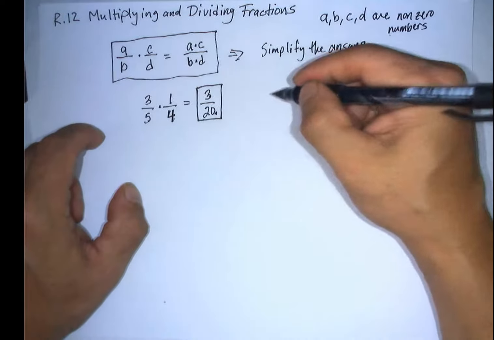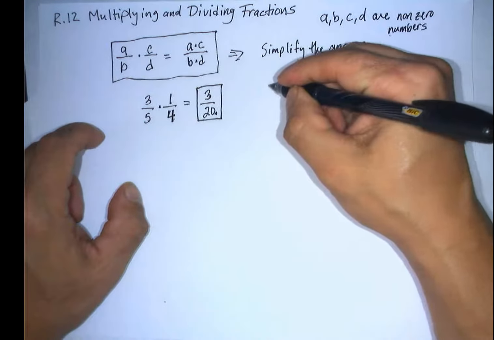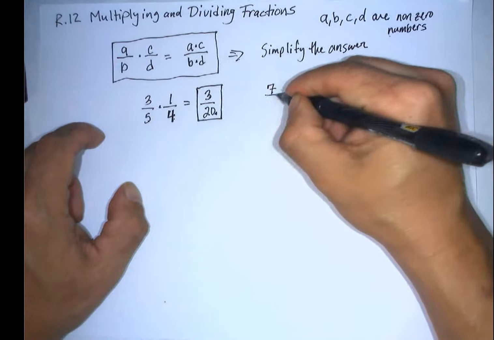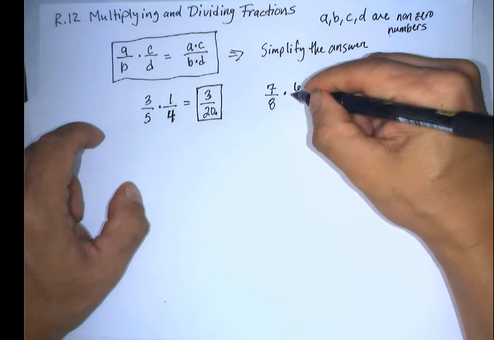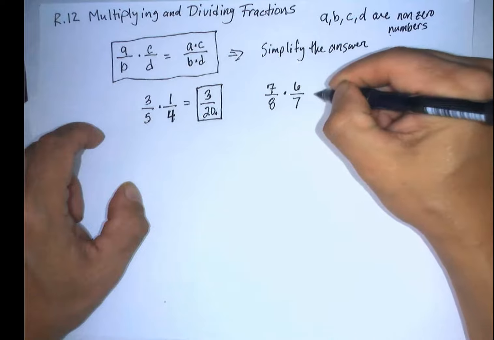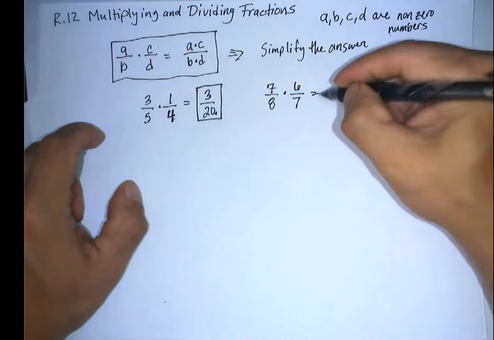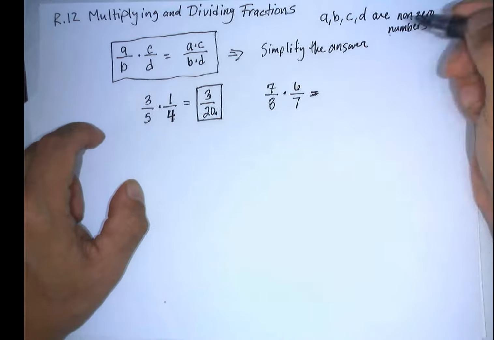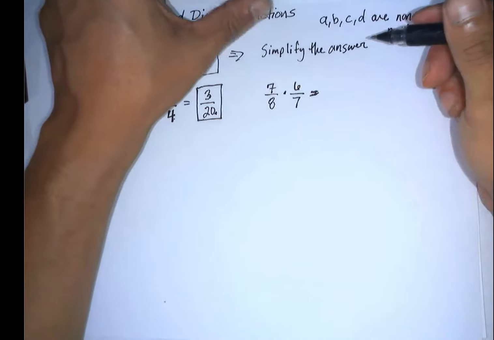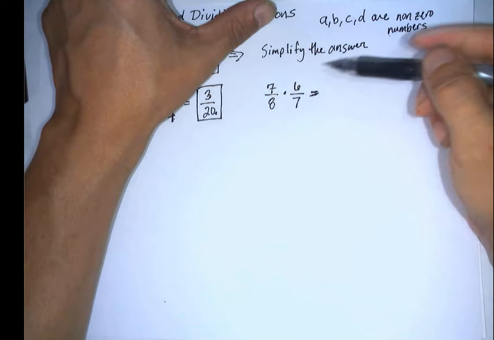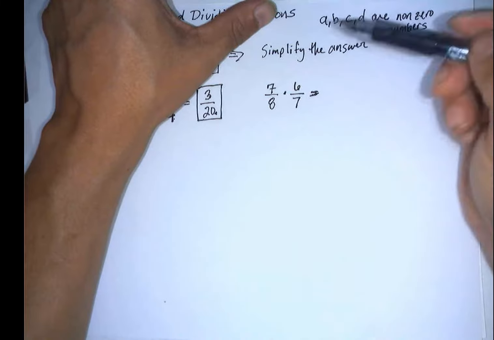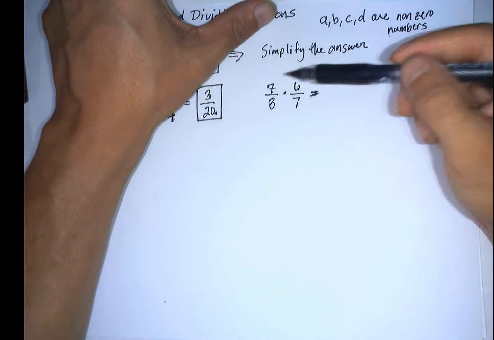How about we look at a different example? How about 7/8 times 6/7? Now there's two ways we can do this. We can multiply across, or we could reduce first. Let's do it the long way, and then I'll show you how much easier it is to reduce before you multiply.